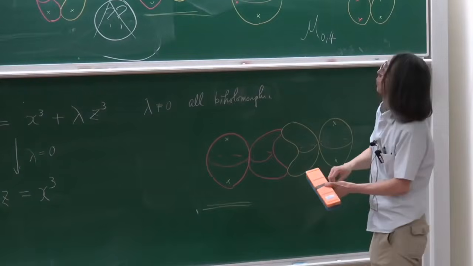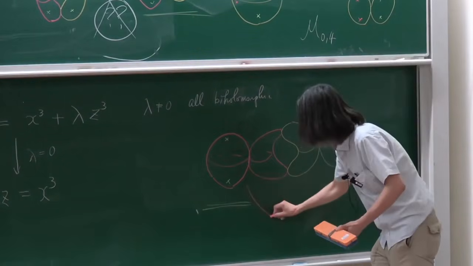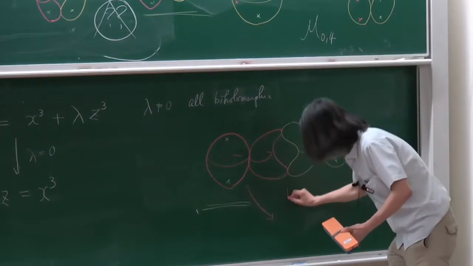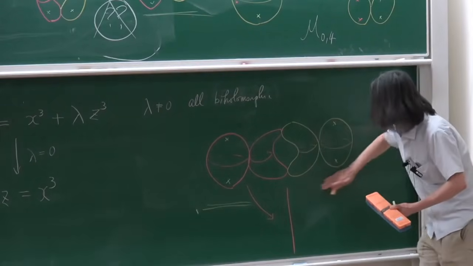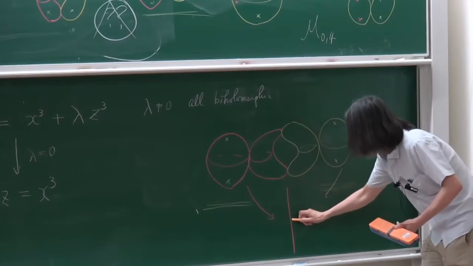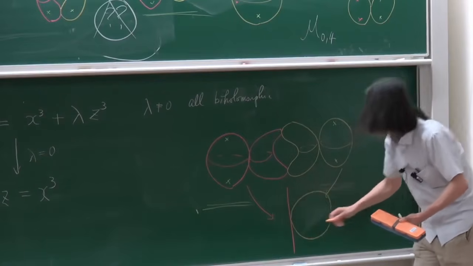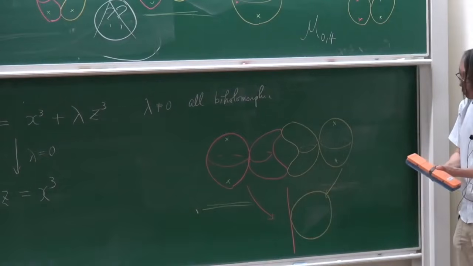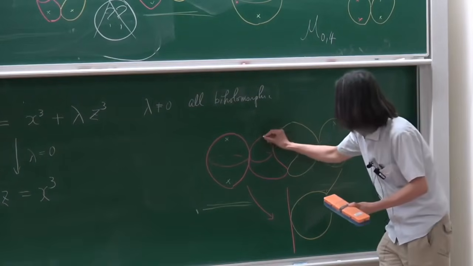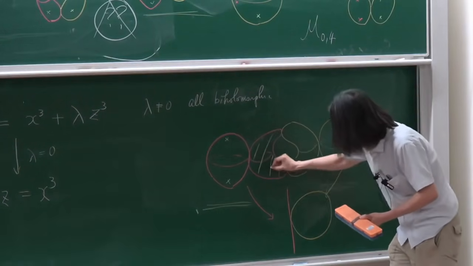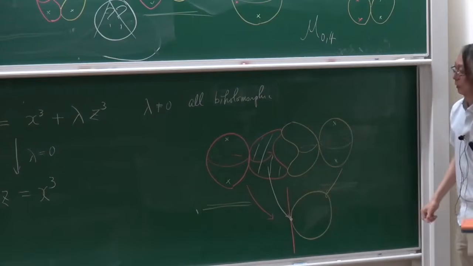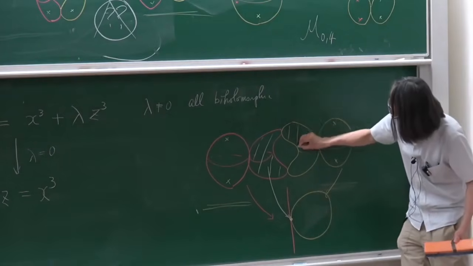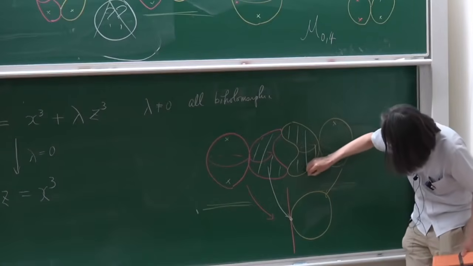From this component, it is mapped to this, right? And from this component, it is mapped to this tangent conic. But the whole of this is mapped to this point. And this one is also mapped to this point.